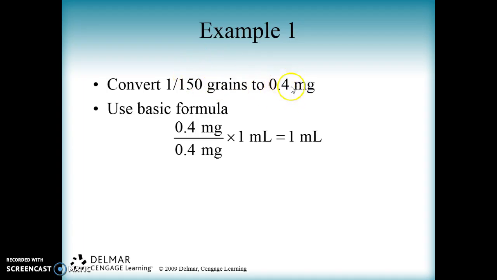If you're confused on this one especially, reach out to me and I'll be happy to go over it with you again. But convert grains to milligrams first, because these two units of measure must be the same. Since what the doctor ordered and what we have in stock were not the same units of measure, we want to change them so that they are.